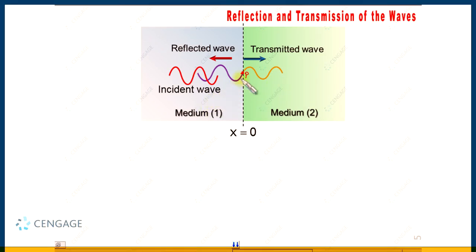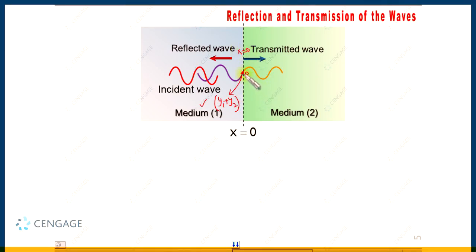If we calculate the displacement of point P using the property of medium 1, the displacement is y1 plus y2. Why have I written y1 plus y2? Because in this medium we have the superposition of these two waves, and y1 and y2 represent a displacement that is perpendicular to the direction of wave travel. So y1 plus y2 is the displacement of point P at x equal to 0.